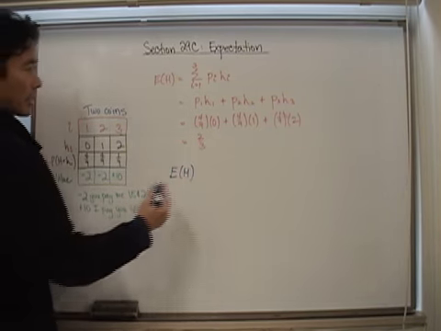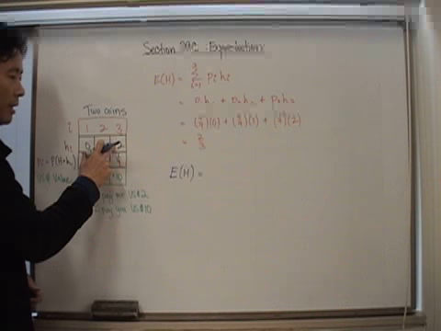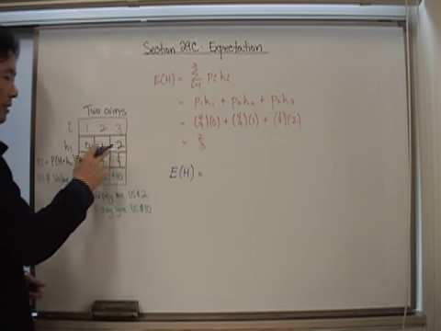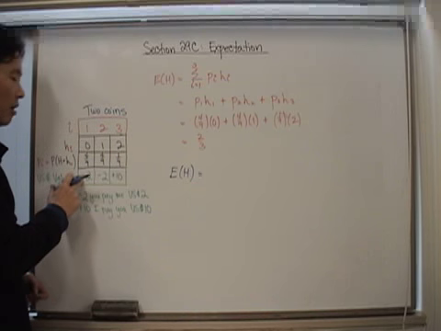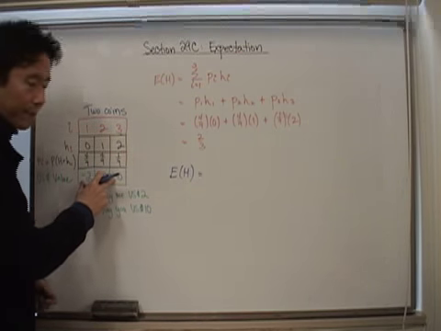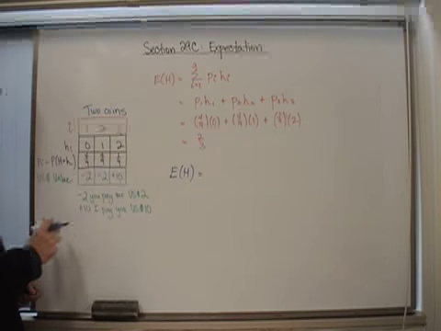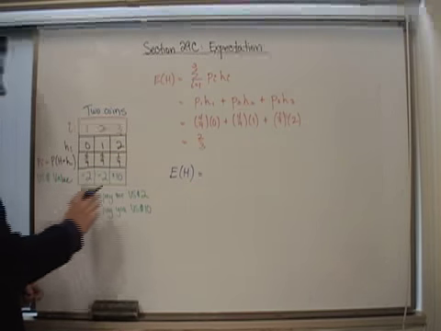But instead of using these values over here, which represent how many heads are showing, being that that is associated with how much money you are either going to lose or how much money I am going to give you, I can now say that the expectation of H in terms of how much money is going to be transacted is this.